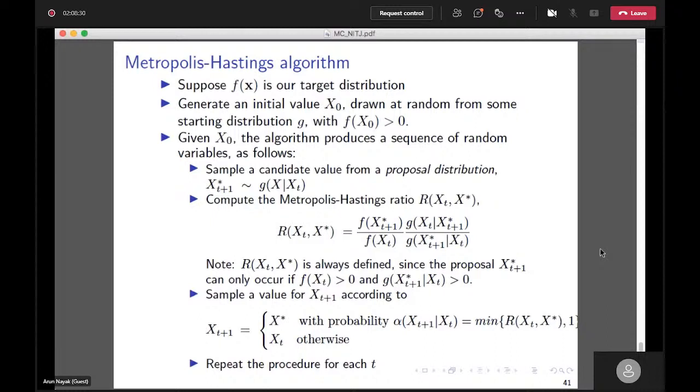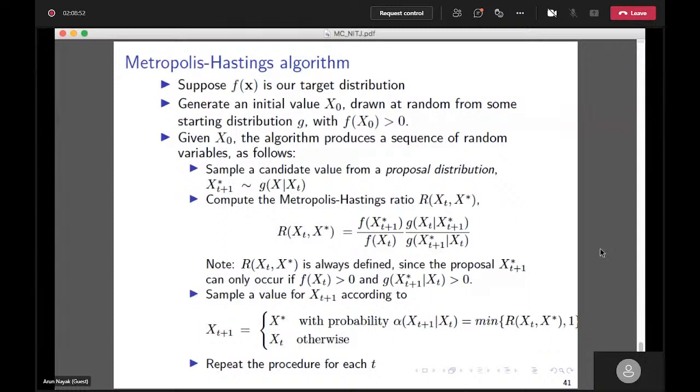And if you choose that stationary distribution to be your desired PDF, then starting from some arbitrary points, if you generate a large number of points, you will generate your desired PDF.